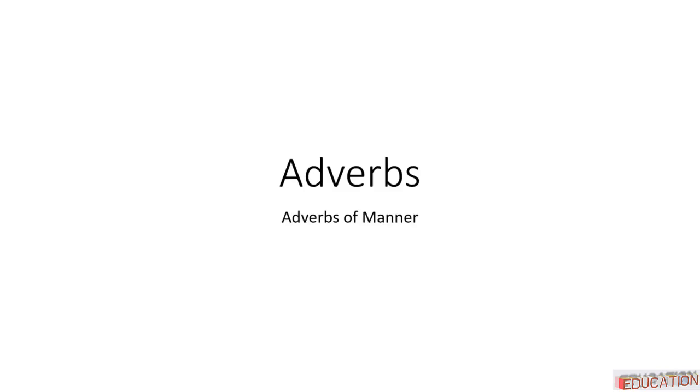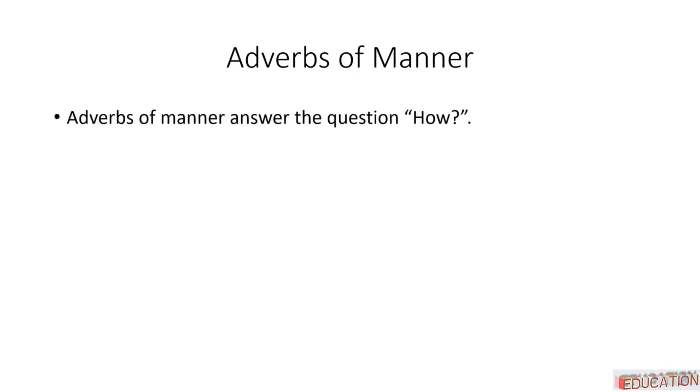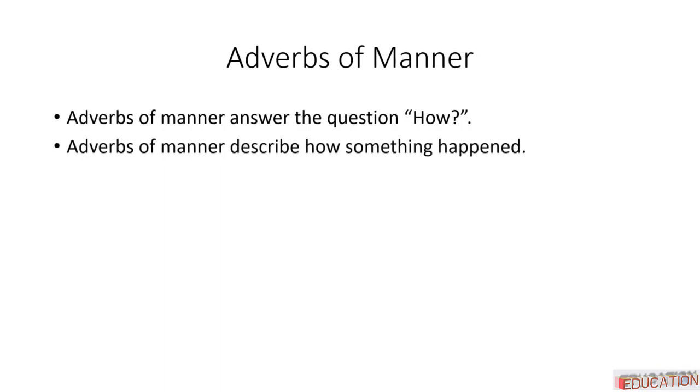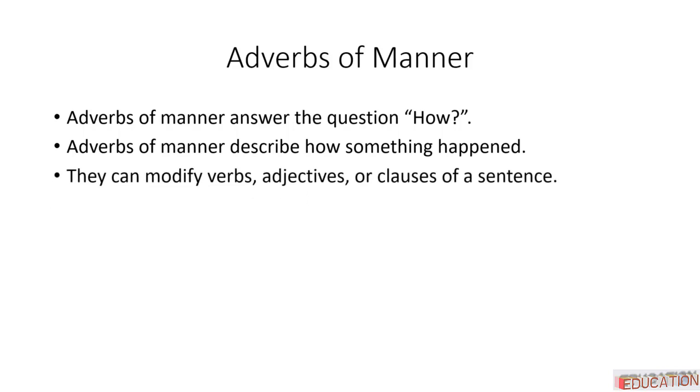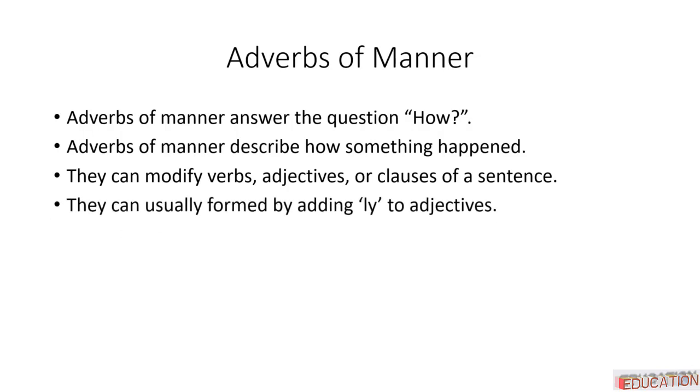This lesson is all about adverbs of manner. Adverbs of manner answer the question how. So they tell us how something happened. And they can modify verbs, adjectives, or even clauses of a sentence. And they're usually formed by adding ly to adjectives.